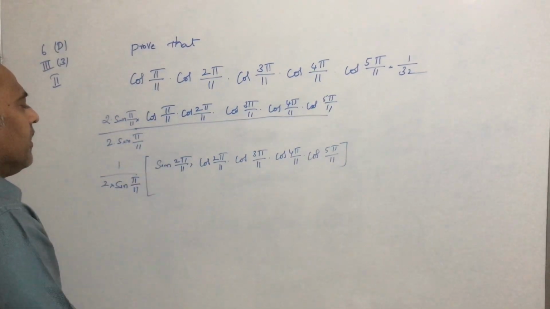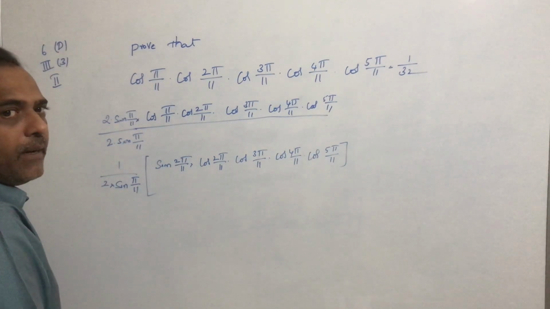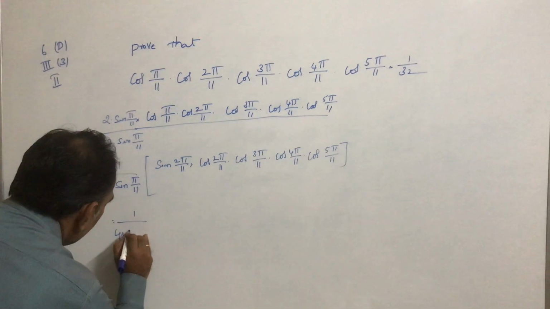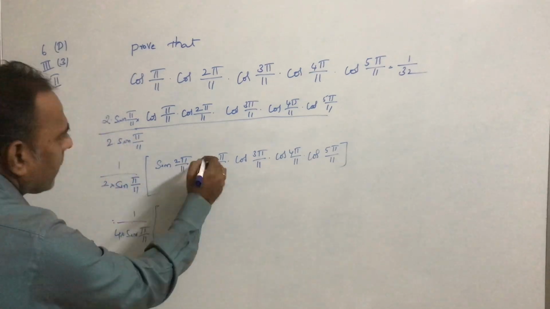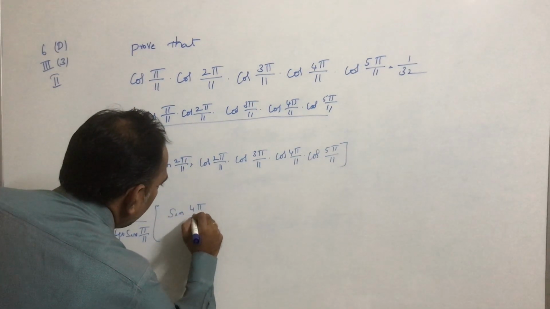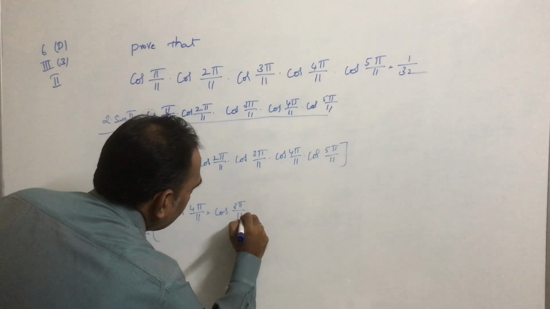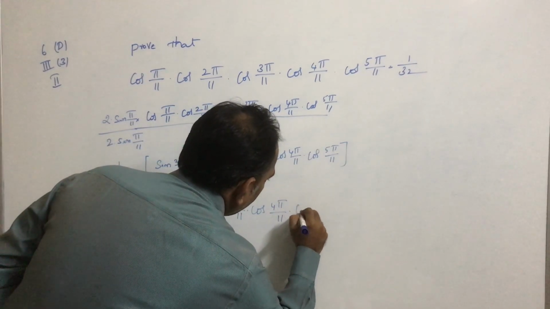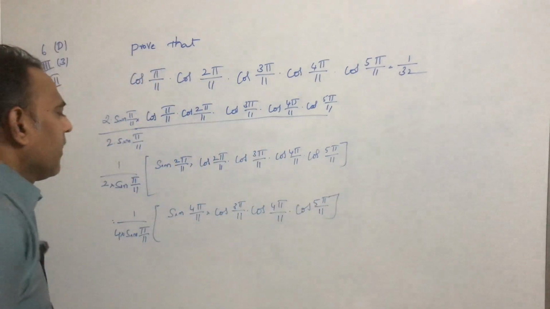If you divide numerator and denominator with 2, it becomes 1 by 4 sin pi by 11 into sin 2 theta, means sin 4 pi by 11 into cos 3 pi by 11 into cos 4 pi by 11 into cos 5 pi by 11. Okay.